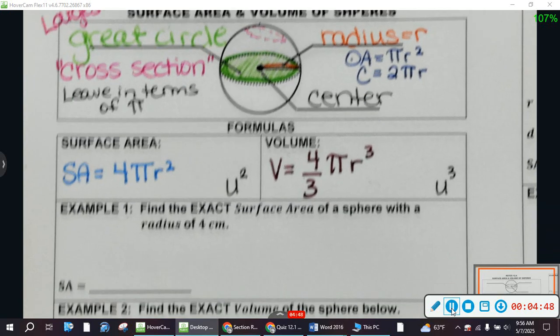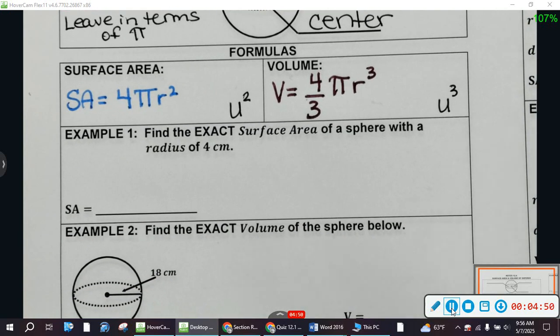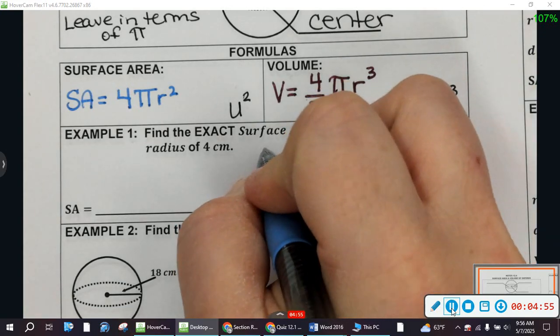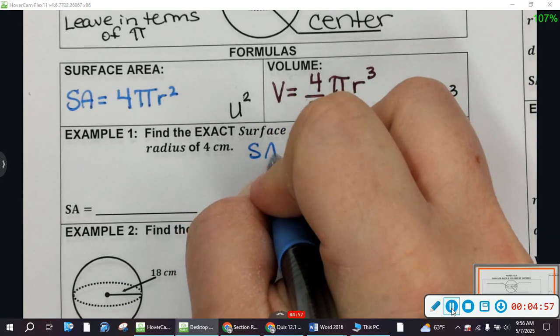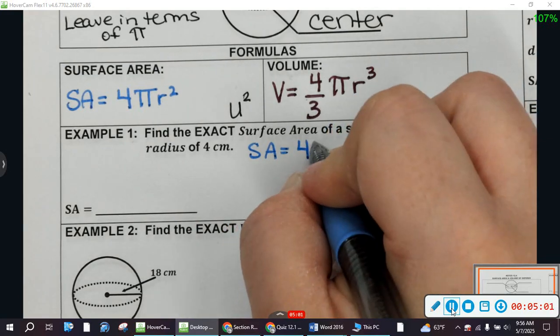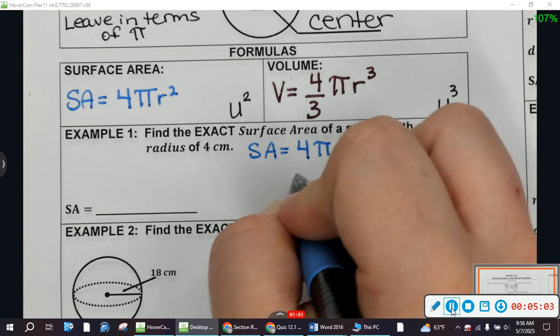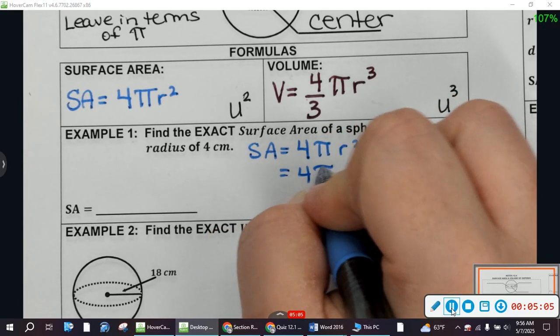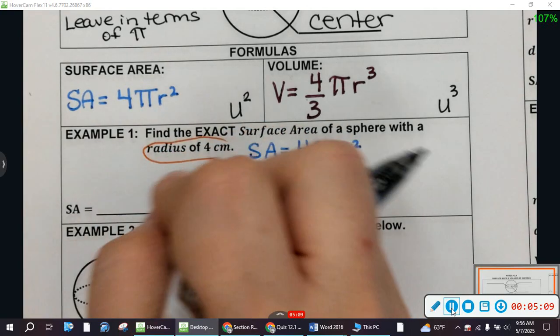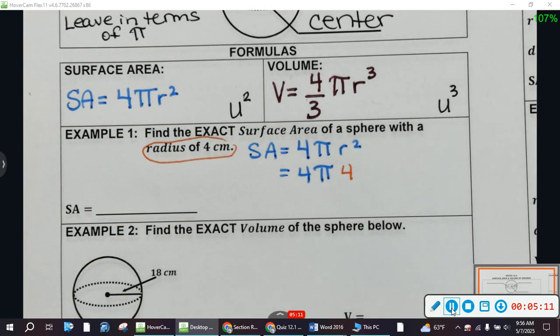So our first question says, find the exact surface area. When it says exact, that just means leave in terms of pi. The surface area formula is 4 pi r squared. It gives us that the radius is 4.